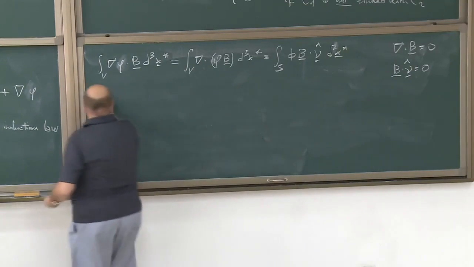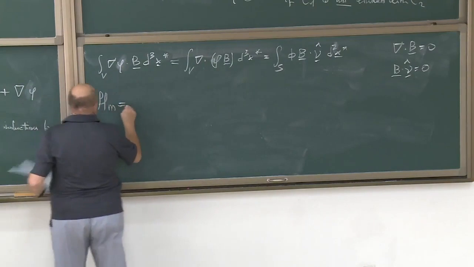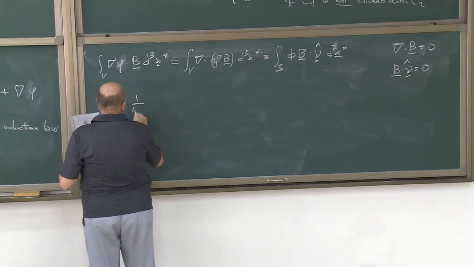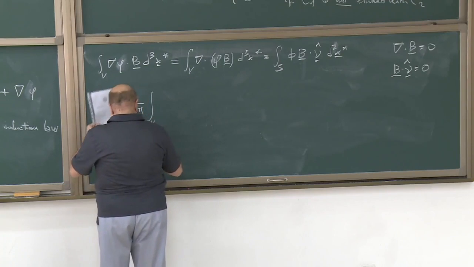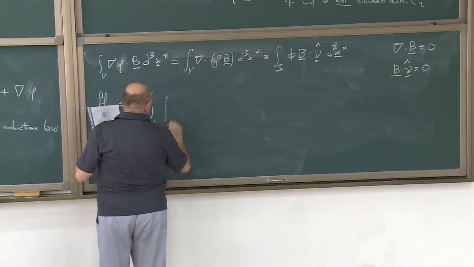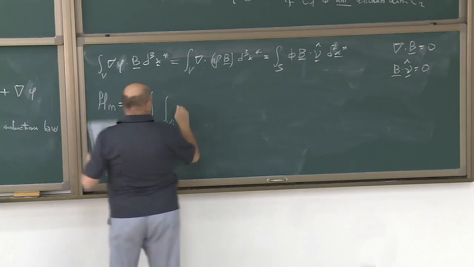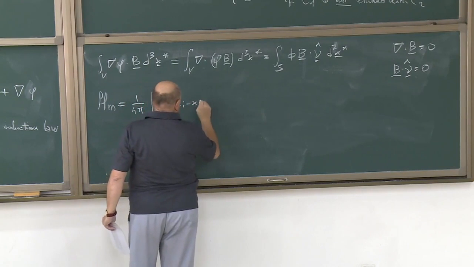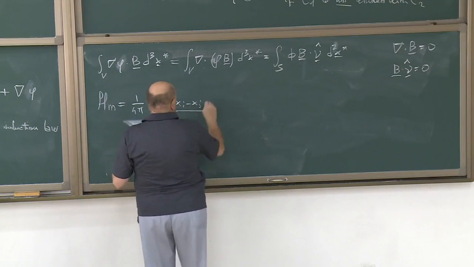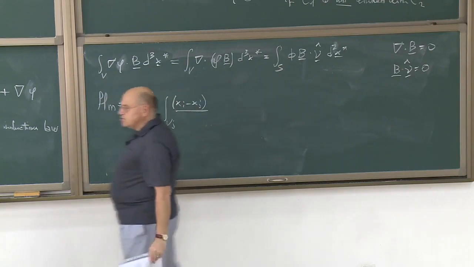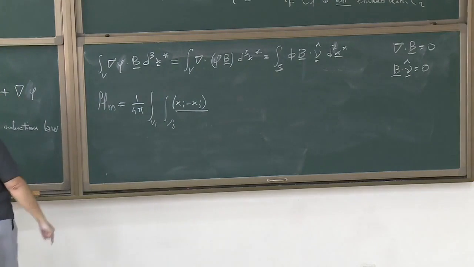And the final result is that H_M is 1 over 4 pi integral on Vi, integral on Vj of (xi minus xj). I'm going back to indices, x1 and x2 denoting C1 and C2.